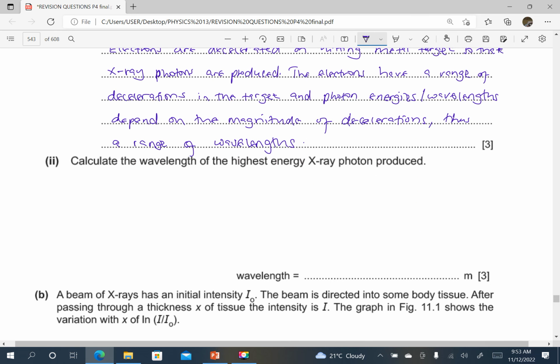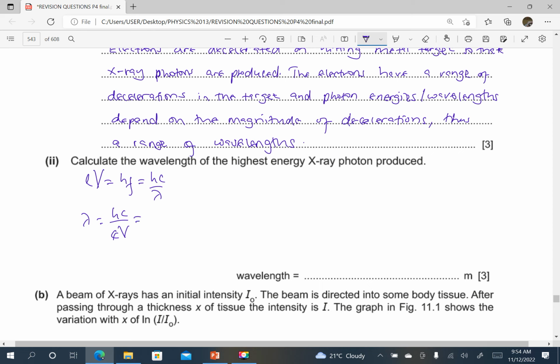Calculate the wavelength of the highest energy X-ray photon produced. Remember, the electron gives out all its energy as a single X-ray photon. The energy of the electron is given by eV. The energy of the photon is given by hf, which is hc over wavelength. So the wavelength is going to be hc divided by eV.